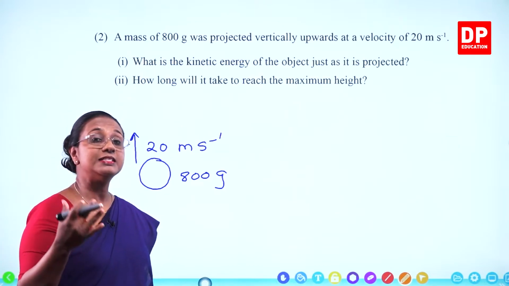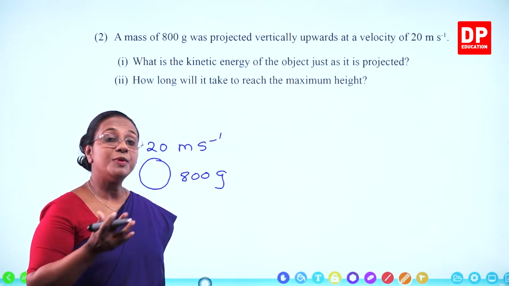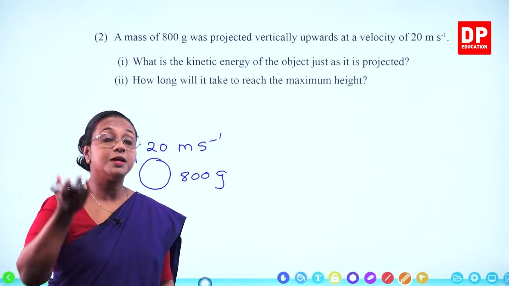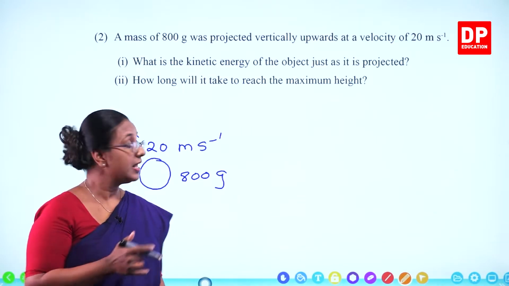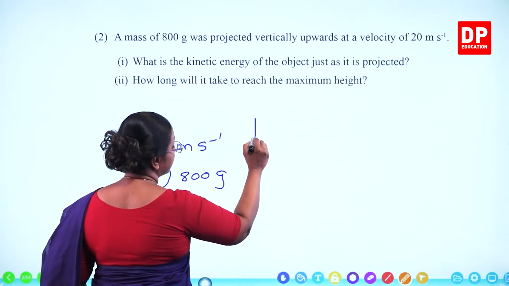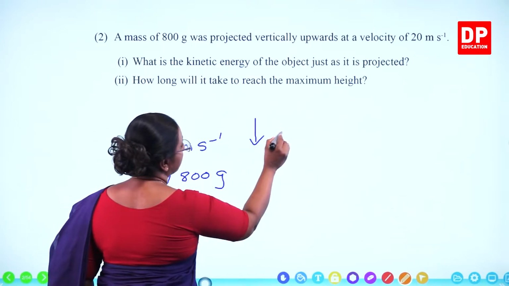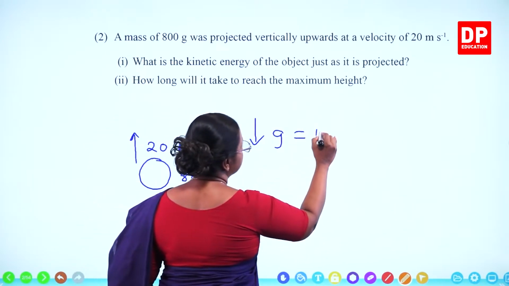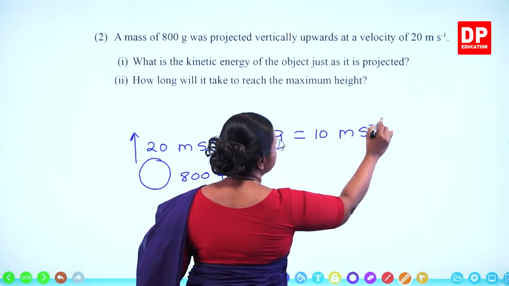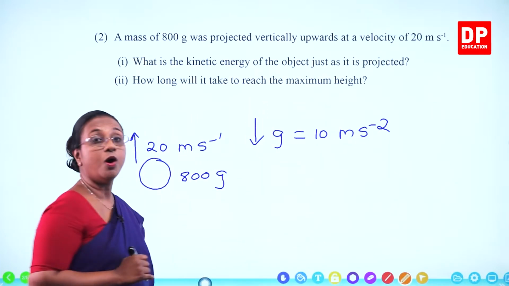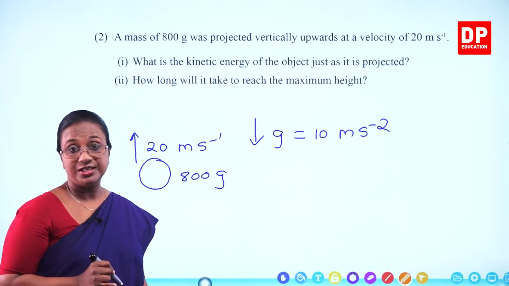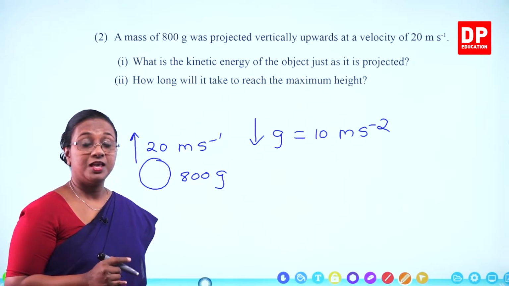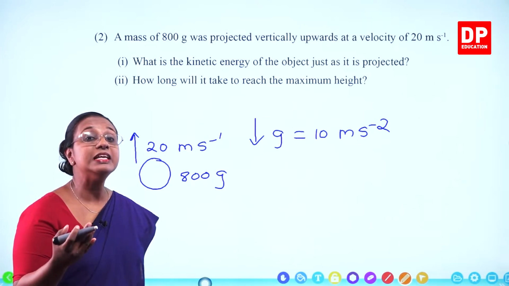First, try to understand the situation. Normally, when you throw an object upwards, project an object upwards, the gravitational acceleration is going to be down. Gravity is going to be 10 meters per second square. So that is acting opposite to the velocity.